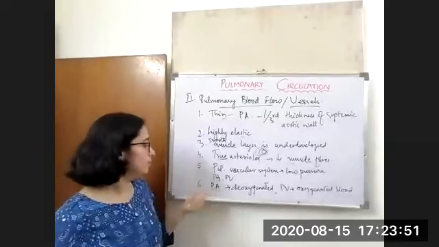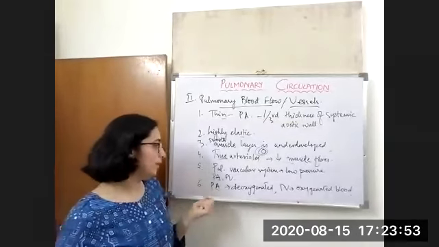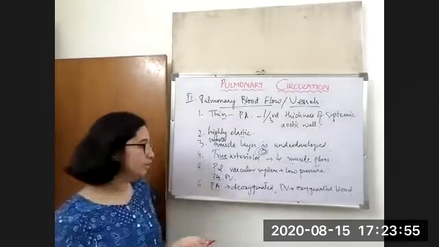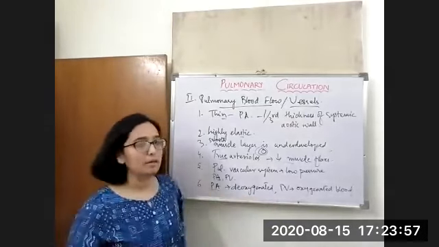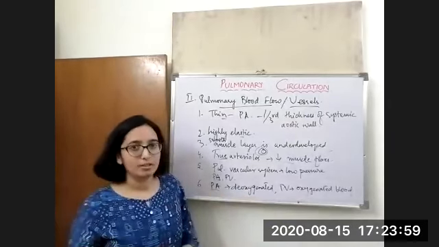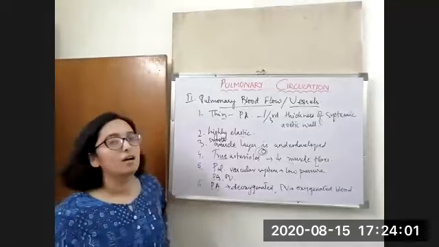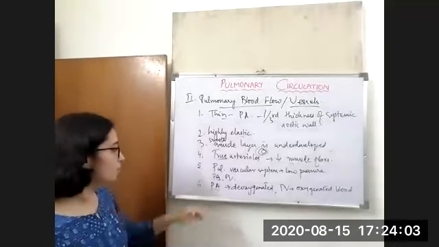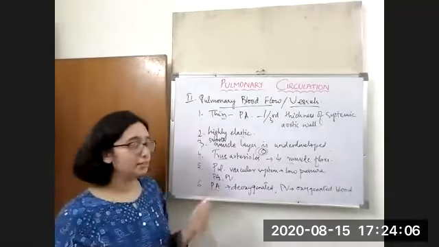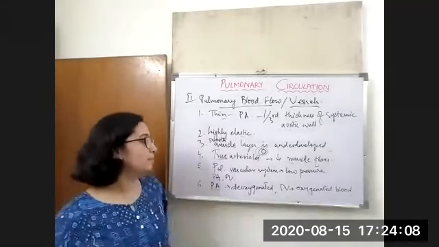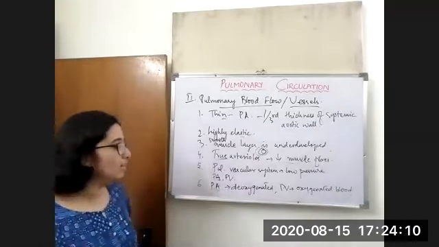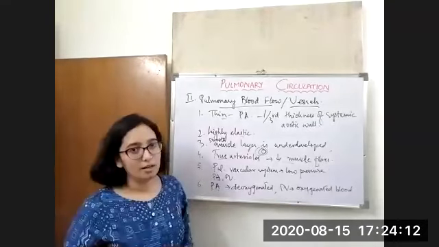But in pulmonary circulation, the pulmonary artery supplies deoxygenated blood and the pulmonary vein supplies oxygenated blood. So this is opposite in the case of pulmonary vessels. The pulmonary artery is the only artery carrying venous blood, and the pulmonary vein is the only vein carrying oxygenated blood in our body.